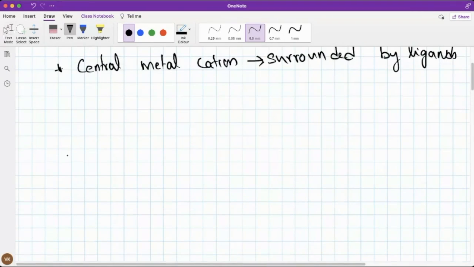So in ligands, it is like a metal surrounded by ligands.